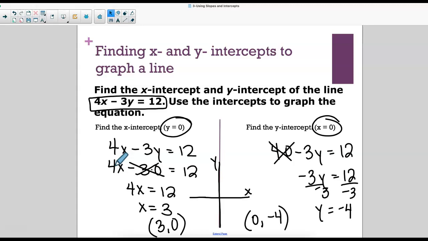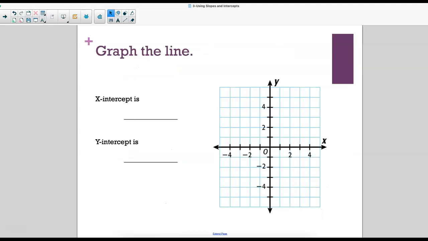Now if you look at your next slide, the x-intercept was at x equals 3. The y-intercept was at y equals negative 4. This makes it really easy to graph that equation. If x equals 3, 1, 2, 3, put a dot there on the x, and y equals negative 4, come down here, put a dot right here on the negative 4.